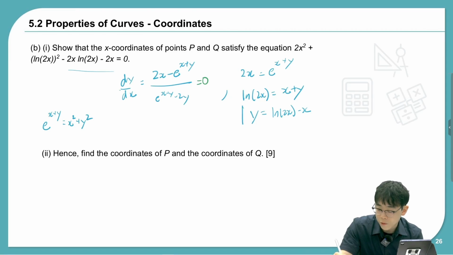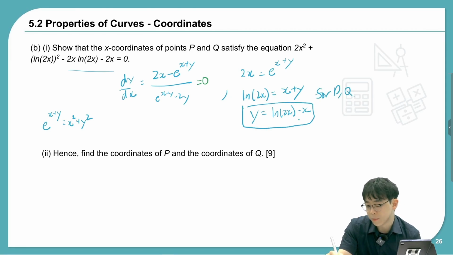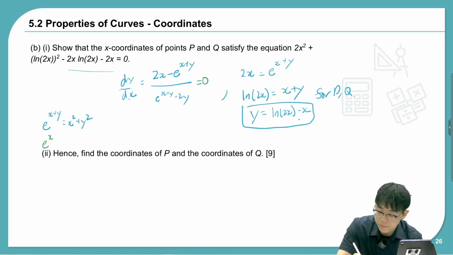So for P and Q, this expression has to hold because only then will dy over dx be equal to 0. So if we change out the expression for y, we would get this expression right here.